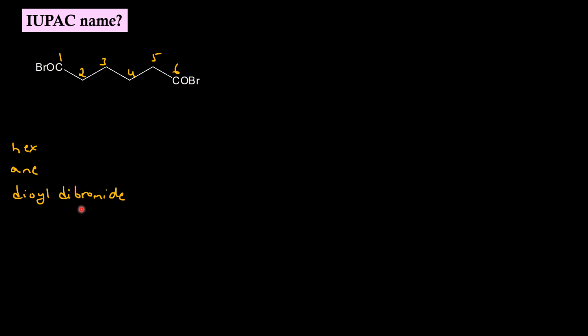That is the reason we have to indicate the presence of bromine twice by using the prefix di. Since dioyl dibromide starts with a consonant D, E of the primary suffix has to be retained. IUPAC name will be hexane dioyl dibromide.